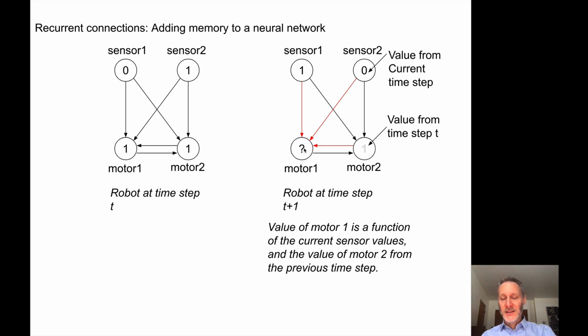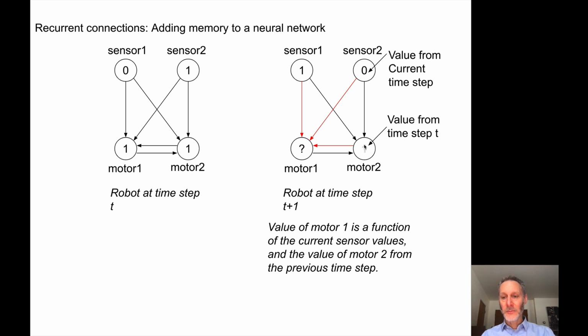We need to update the value of, or need to compute the value of this motor neuron. We take this value times this value, the weight of this synapse. We take this value and multiply it by the weight of this synapse. We now need to get a value from this neuron and multiply it by the weight of this synapse, but we haven't updated or we haven't computed the value of this neuron yet.